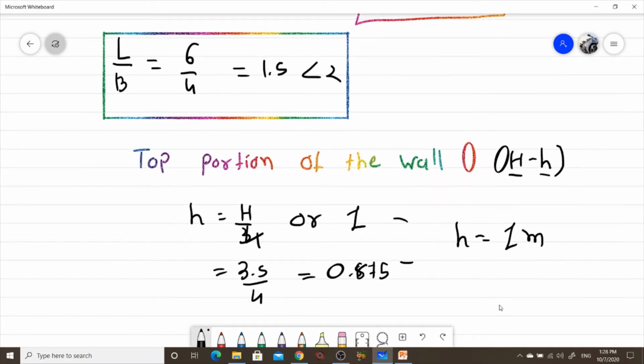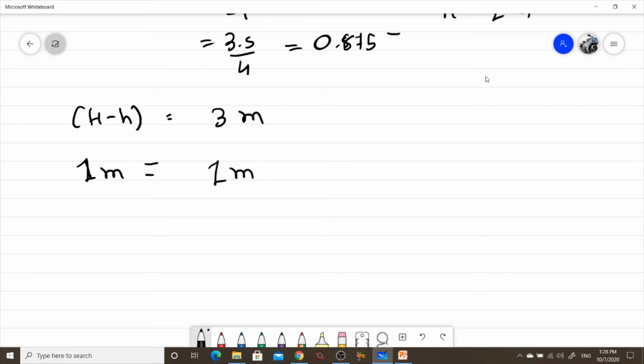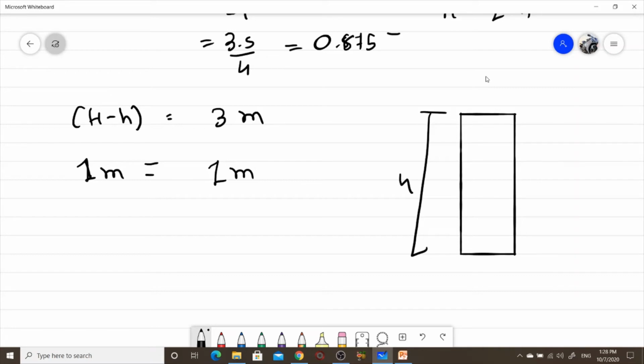So we are going to separate the wall of the water tank into two parts. First is capital H minus small h, and second is 1 meter from the bottom. Overall height is 4 meter, divided into 3 meter and 1 meter.